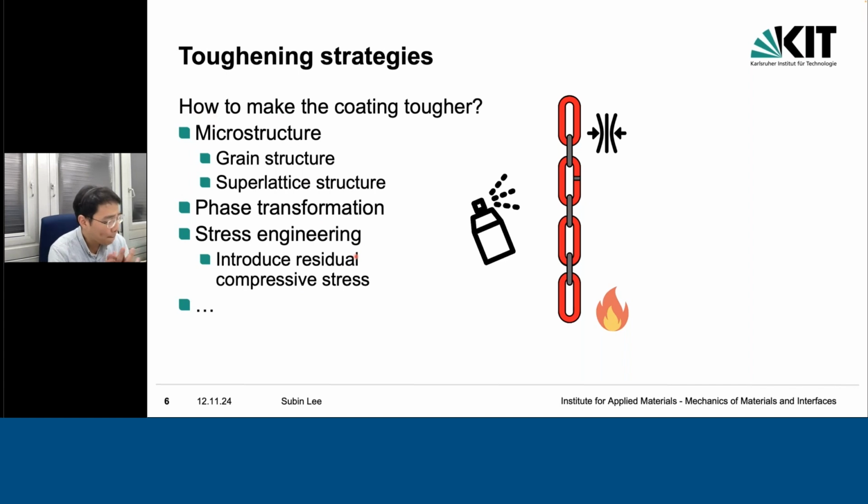However, from our very basic materials science lectures, we all know that fracture starts from flaws or some defect inside the materials. So if there's such a small defect inside the hard coating, then the fracture will happen here.